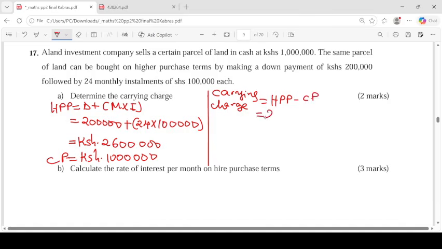So this is 2,600,000 minus 1 million. When you find the difference, this will be 1,600,000.